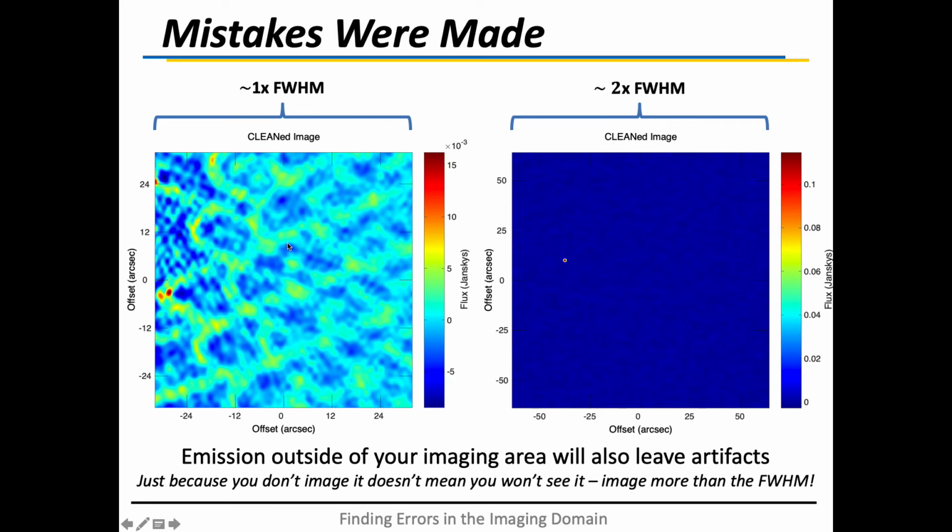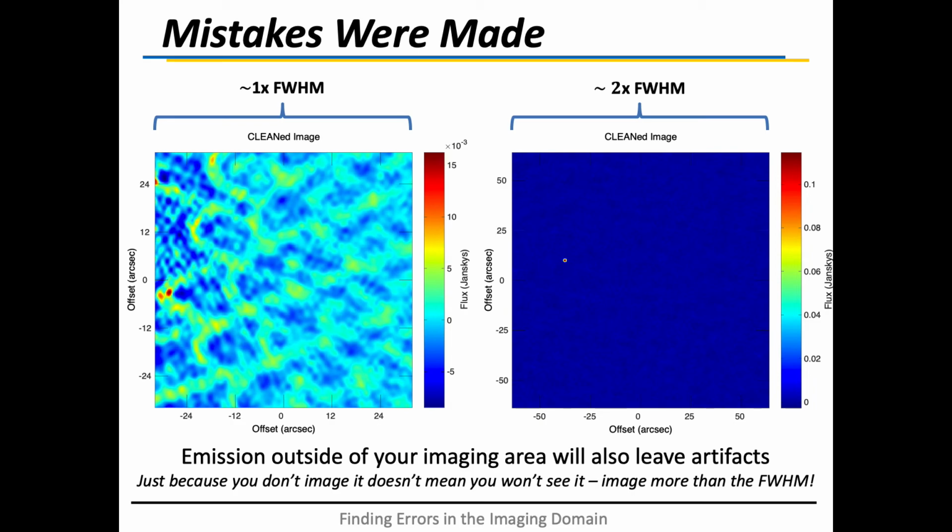In fact, for this reason, I tend to map at least twice the size of the full width half max of the telescope. So for SMA, I typically make maps that are 2 arc minutes by 2 arc minutes, roughly. On some telescopes, that's just not practical because that makes the maps 4 times bigger, and that's a lot more data to handle for what is usually not a problem.